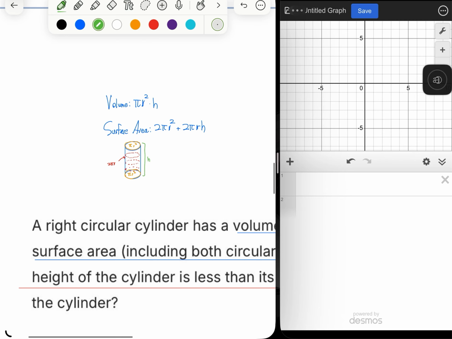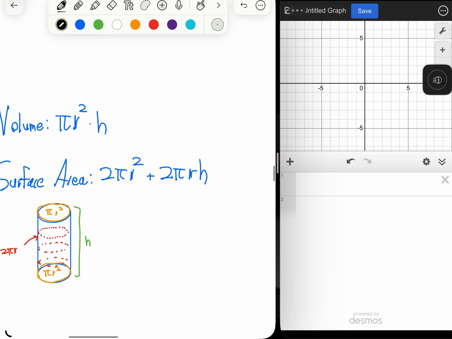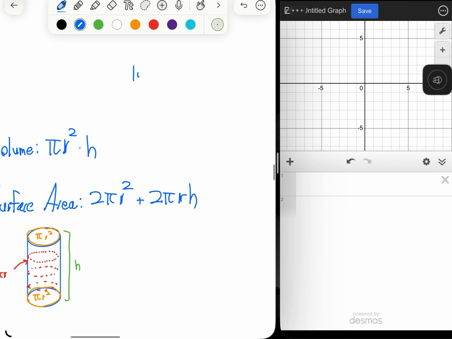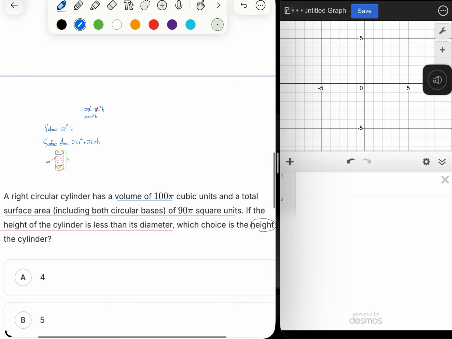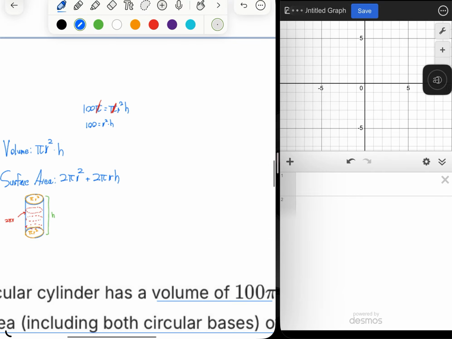So now what do we do? Well, we know that the volume is 100 pi. So we have 100 pi equals pi r squared h. Well, you can cross the pi's out, so you get 100 equals r squared times h. And then you know that the surface area is 90 pi.